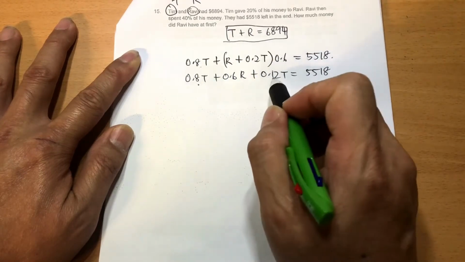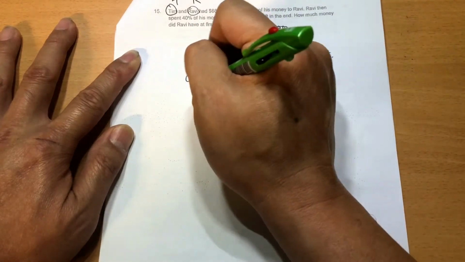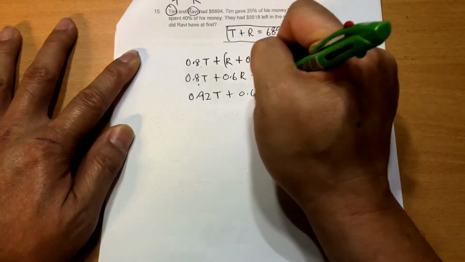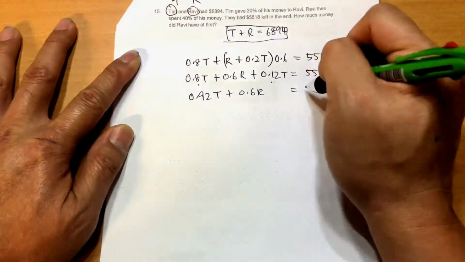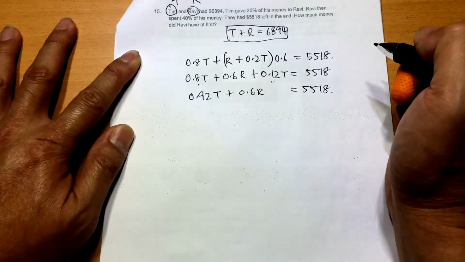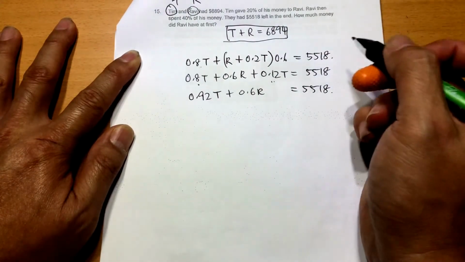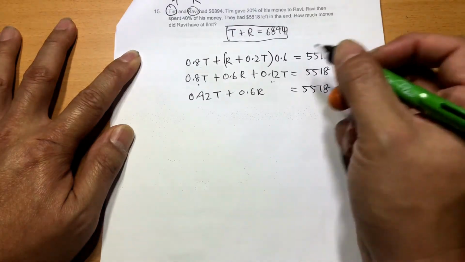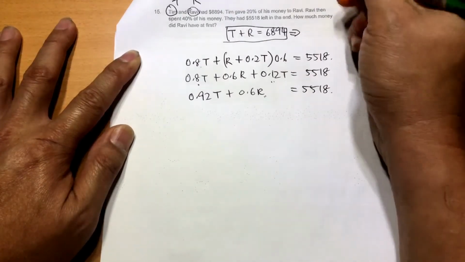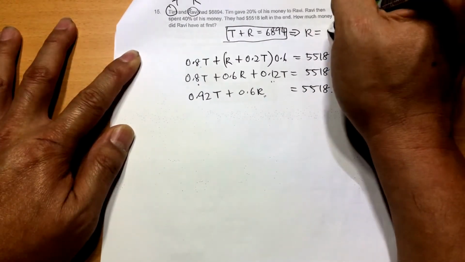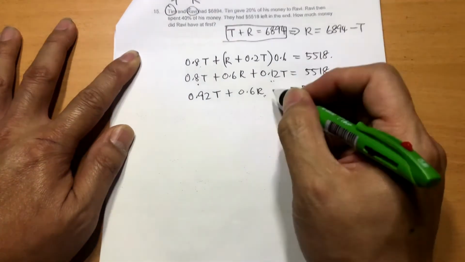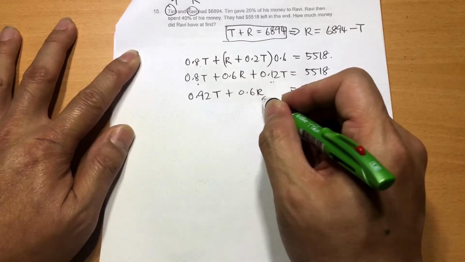So 0.8 plus 0.12 is 0.92 T plus 0.6 R, and that's equal to 5518. All right. Okay, now let's look at the next step. We have R here. Okay, now let's have a look at this one here. R is equal to 6894 minus T.